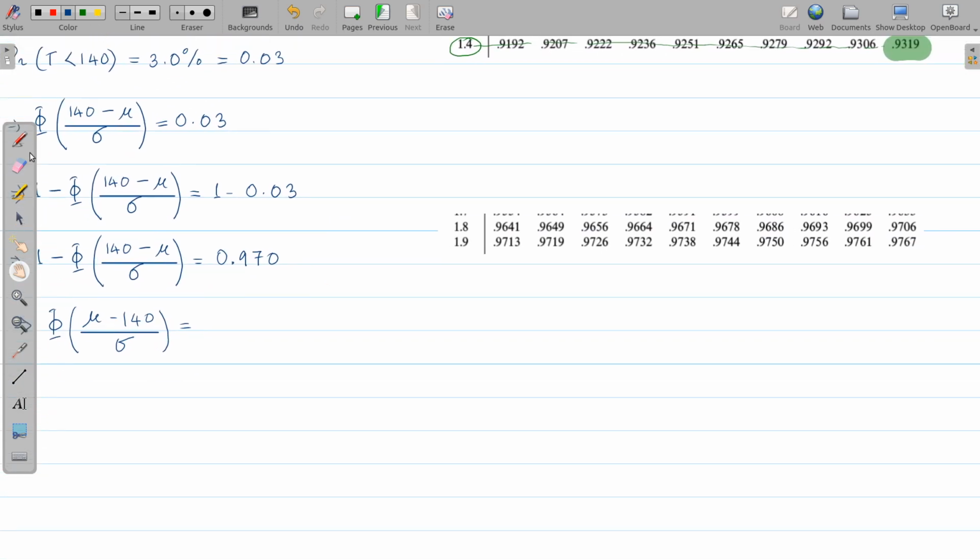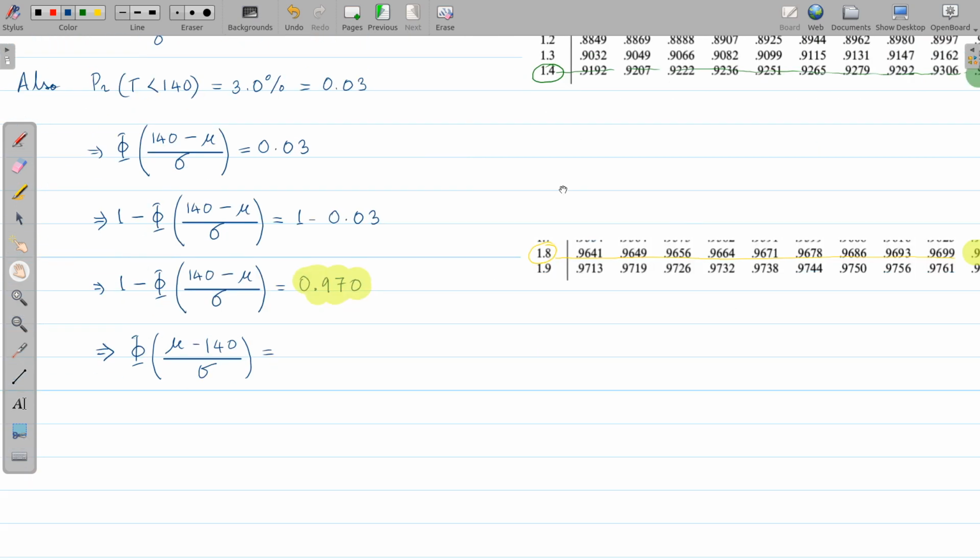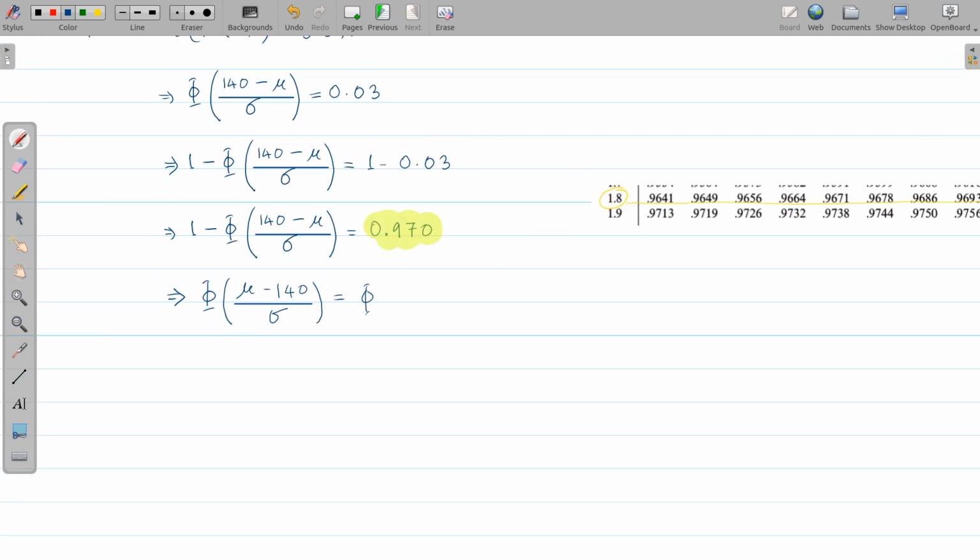So we are looking for this one, 1.8, and that I think is 1.89, because on top that was 0.09. So this will be nothing but phi of 1.89. This implies mu minus 140 divided by sigma is equal to 1.89. Call this equation number 2.